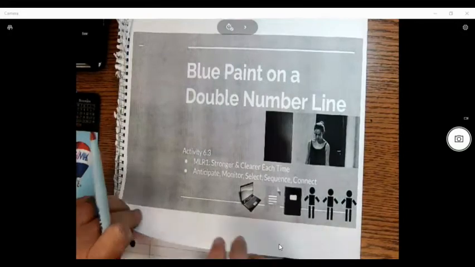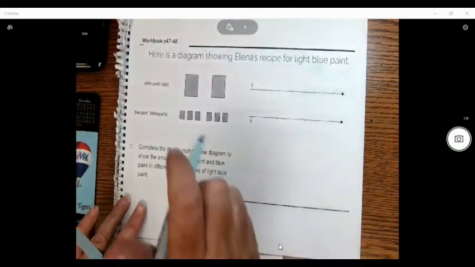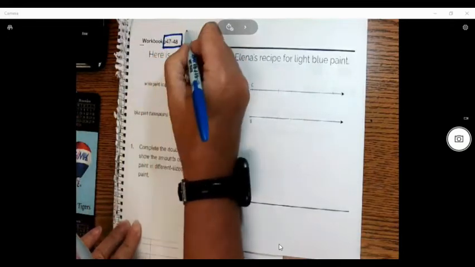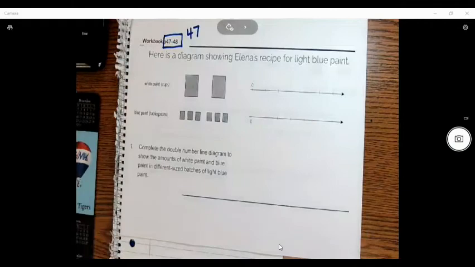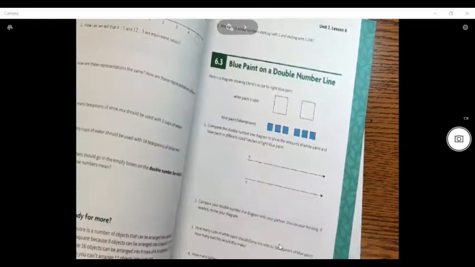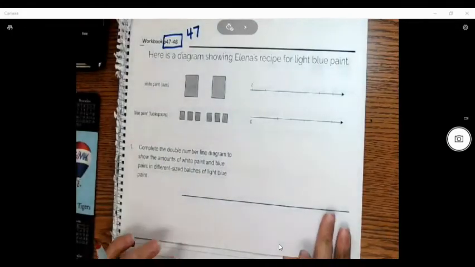Okay, so keep looking in your workbook, and we're going to be looking at page 47. Right here on page 47, we have Elena's recipe for light blue paint.